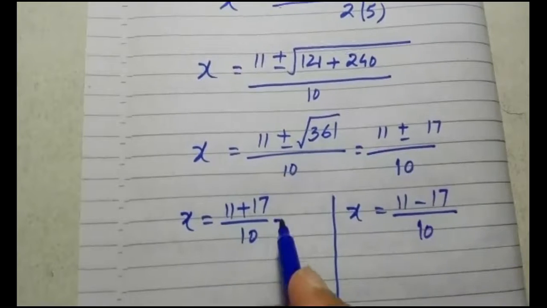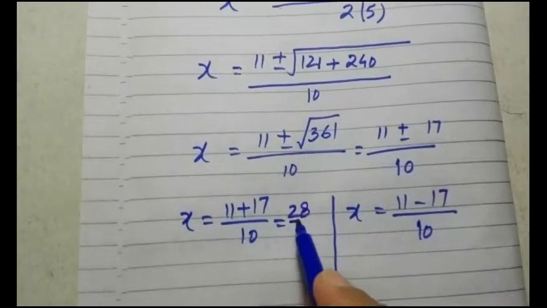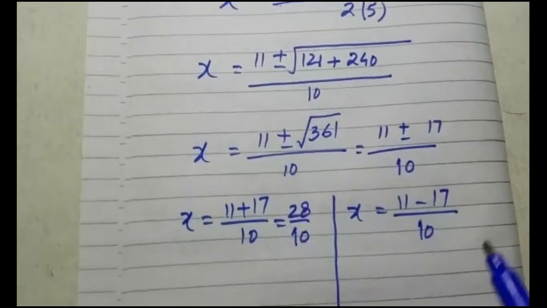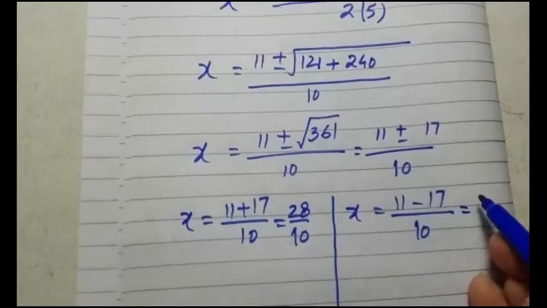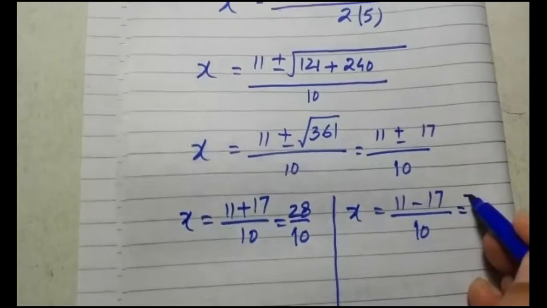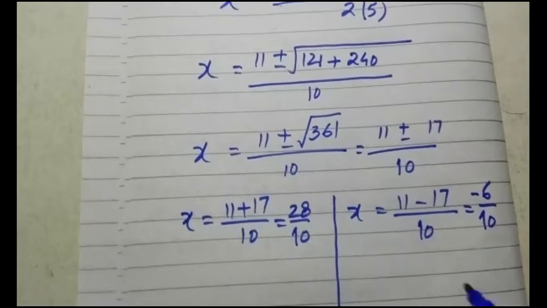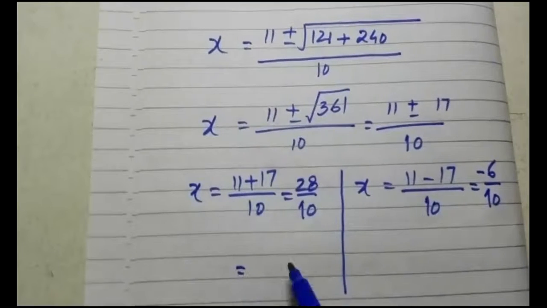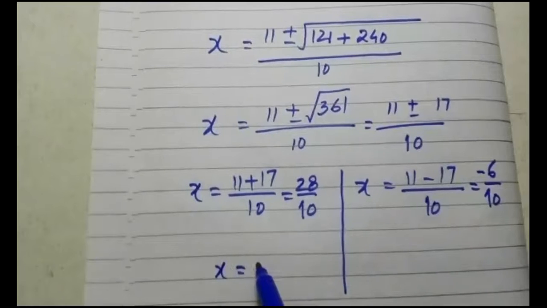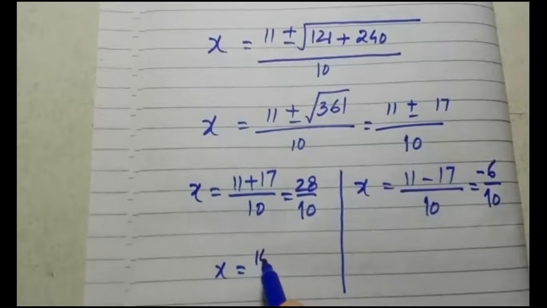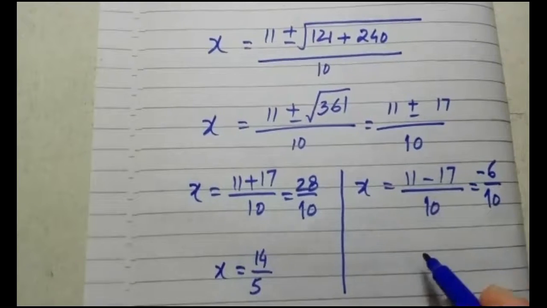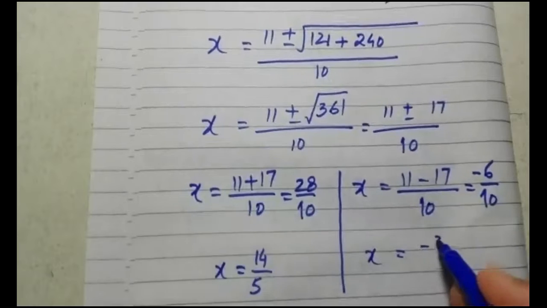So it will become 28 by 10, and it will become minus 6 by 10. So once you simplify it, after the cancellation, it will become 14 by 5, and it will become minus 3 by 5.